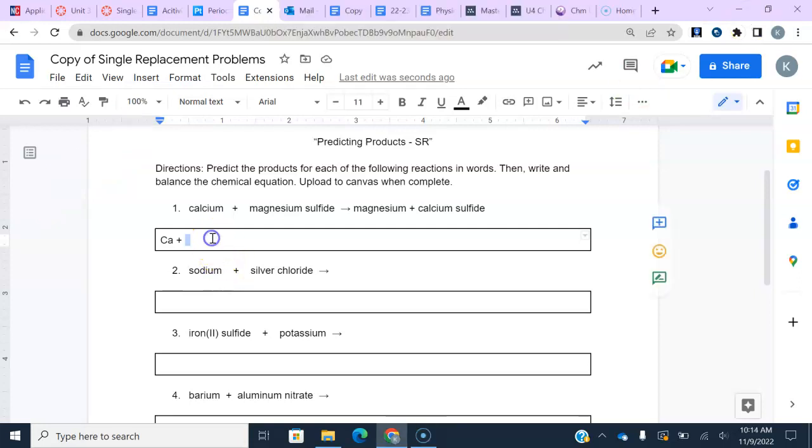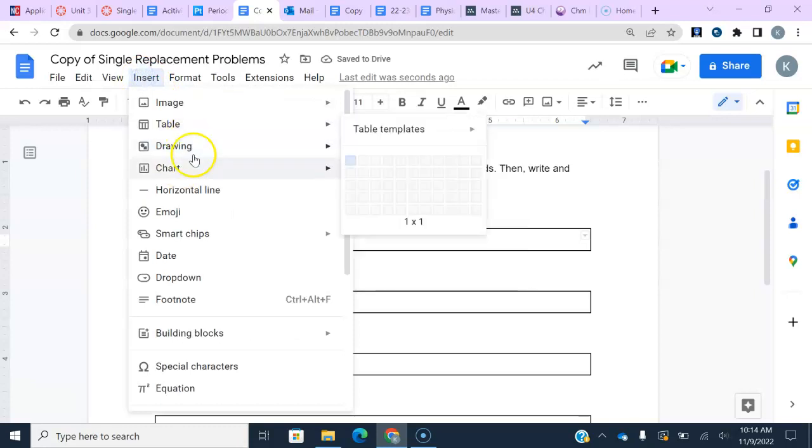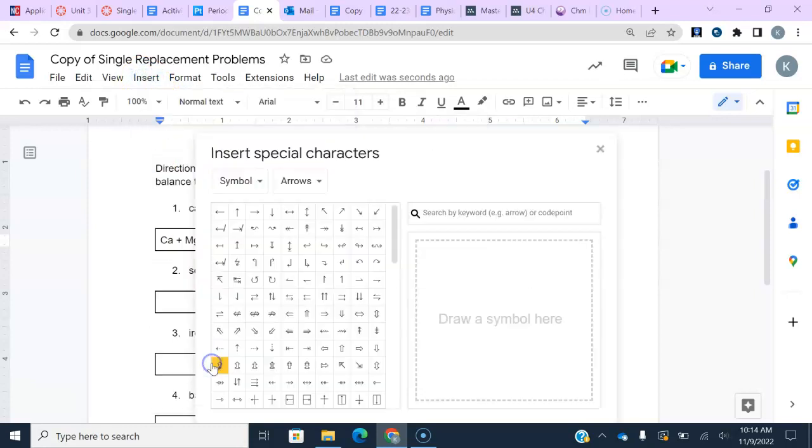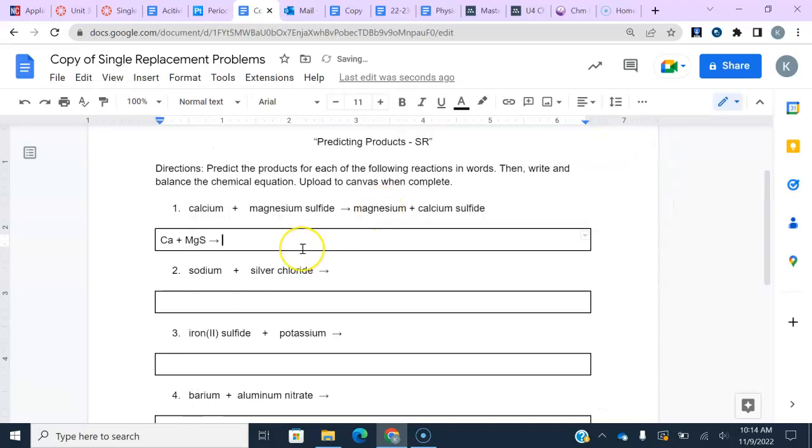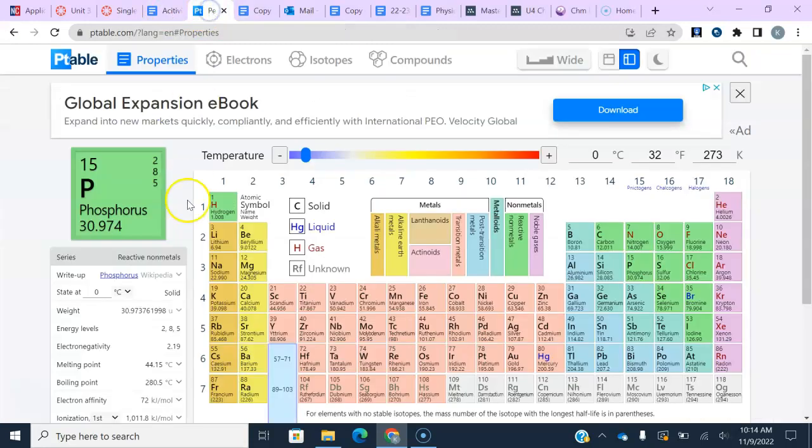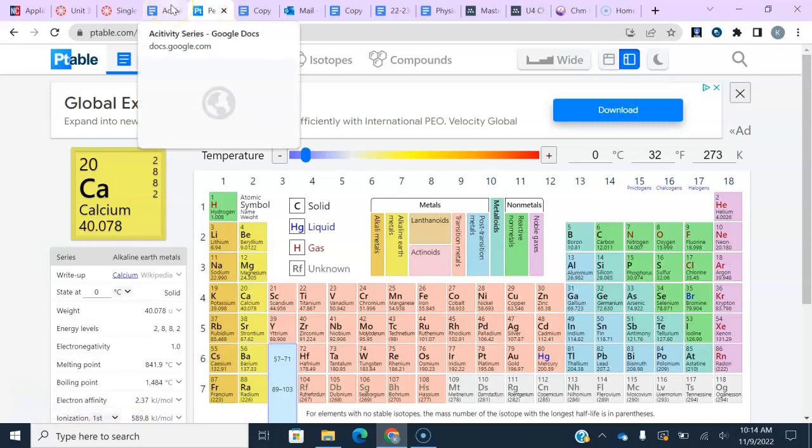So we'll just do MgS. So calcium plus magnesium sulfide will yield, I'm going to go into my special characters so I can get that little right-hand arrow. And then we've got magnesium plus calcium sulfide. So calcium is also a 2 plus, so we just know that it's going to be CaS.